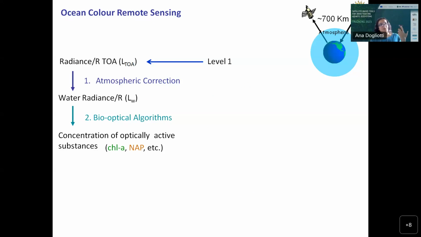In general, this top of atmosphere radiance or reflectance is called level 1 in the images you will get, while after the atmospheric correction, this water reflectance or radiance and the concentration or different products usually are within what we call level 2.